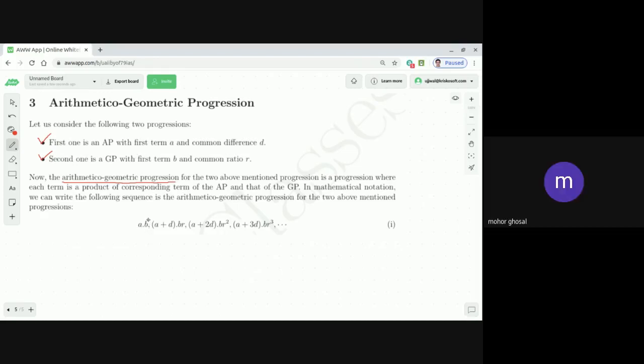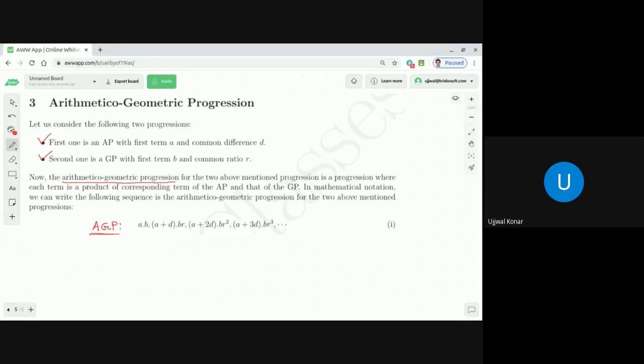So A into B is the first term of the new progression, that is called AGP, Arithmetico-Geometric Progression. Got it, na, dear students? We'll discuss in detail in the next class. Then what is the second term of the first progression? That is the arithmetic progression, A plus D, na? And what is the second term of the geometric progression? That is B into R, na?